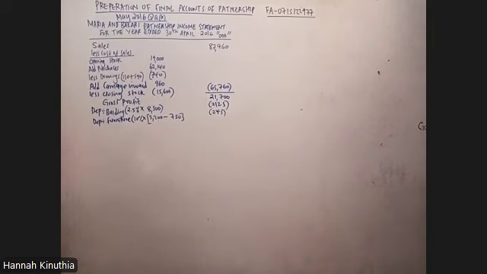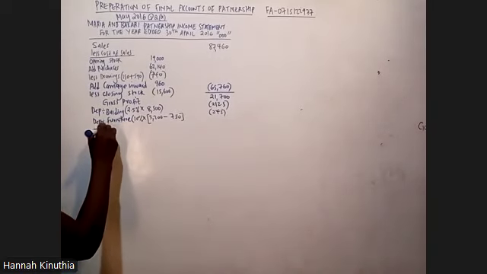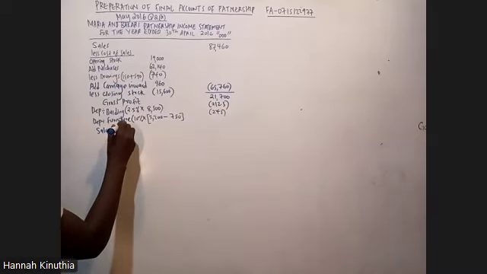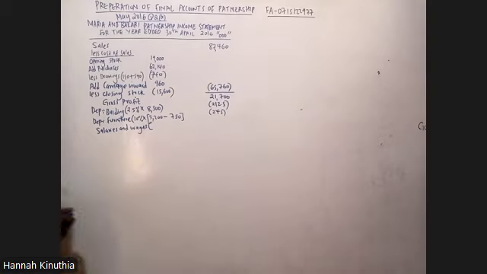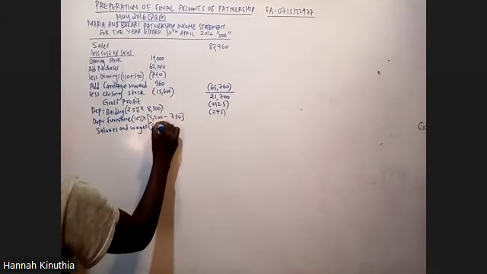Let's go to the information number 3. We have owings. So we have salary and wages. The first one is salary and wages. Now, let's go to the top in our question and see how much salary and wages is. In our trial balance, our salary and wages is 2,400.